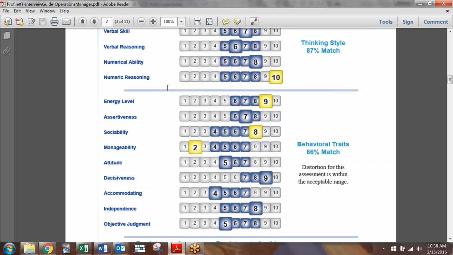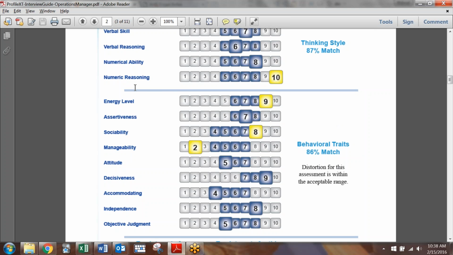Sociability is a pretty straightforward definition, but a person who has high sociability enjoys being with others, being in the company of others, and basically being very outward motivated, versus a person who is not as sociable.